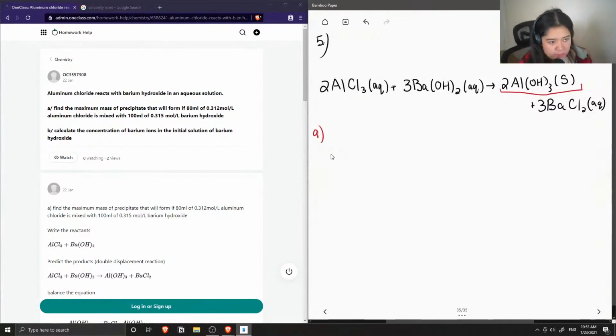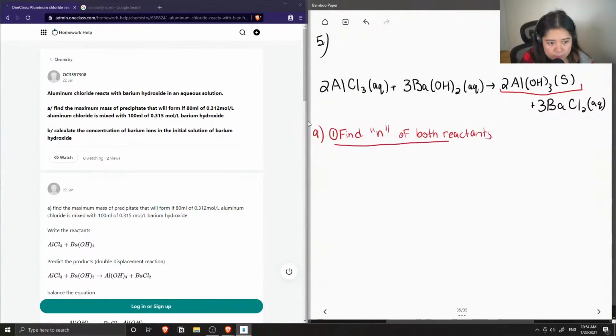So to do this, we need to find out which one of our reactants is the limiting reagent. So for step 1 of answering this question, we need to find the number of moles of both reactants. So recall that number of moles is equal to concentration times volume.